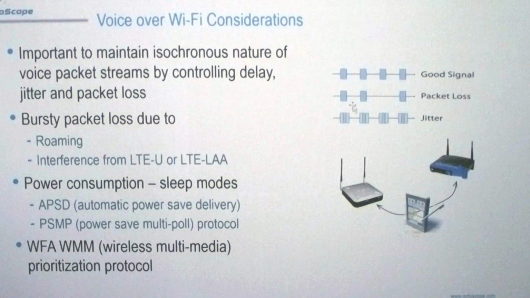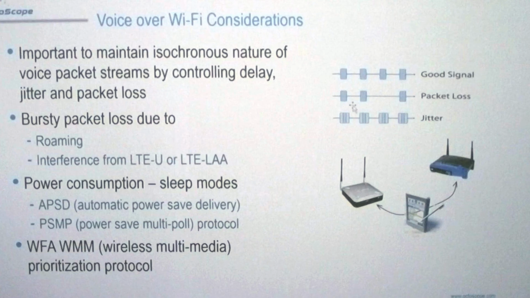And another important measurement is jitter, and that's variation in propagation delay, so packets don't arrive exactly when your decoder expects them. And so these anomalies can happen with aggressive interference from LTE.